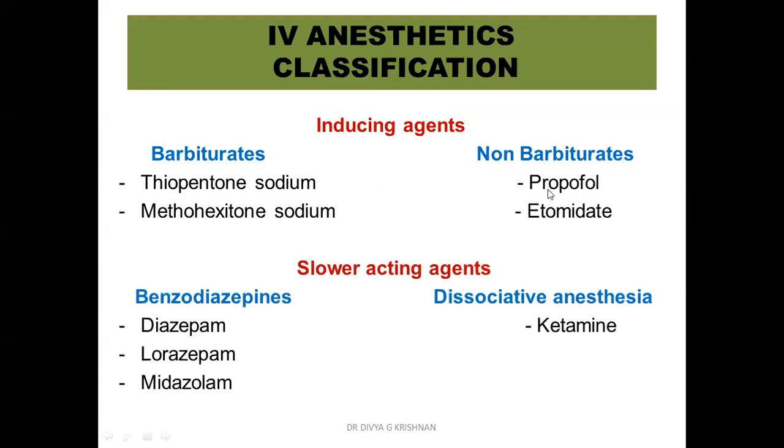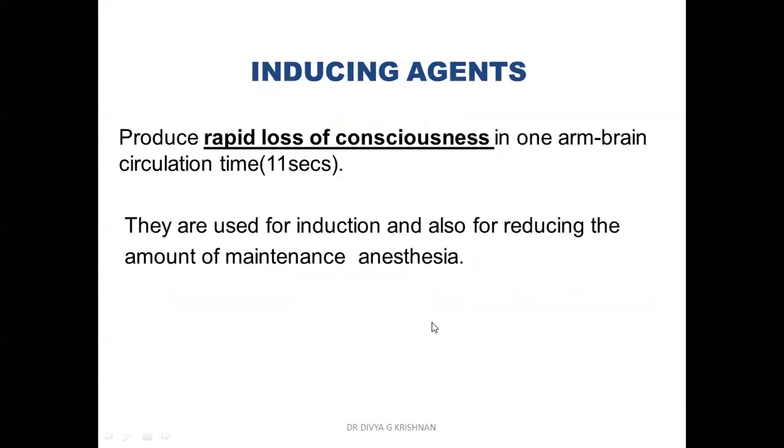Examples are propofol and etomidate. Under the slower acting agents, you have some benzodiazepines like diazepam, lorazepam, and midazolam. And then you have a new terminology called dissociative anesthesia, the example of which is ketamine. This classification of intravenous anesthetics, you will learn by heart.